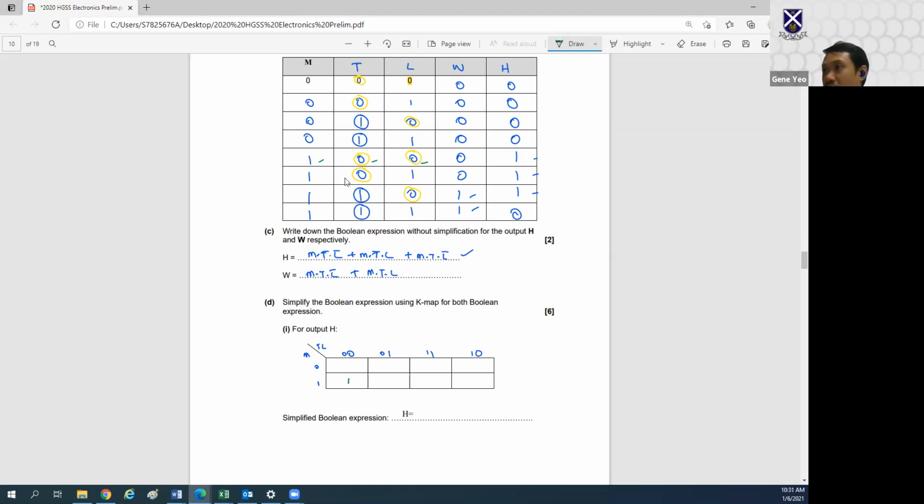Next, it is 1, 0, 1, so 1, 0, 1 is a 1 here. And lastly, it is 1, 1, 0, so 1, 1, 0 is here. So these are my three ones, and I'm going to populate the rest of my K-map with zeros. So now we have to group them.